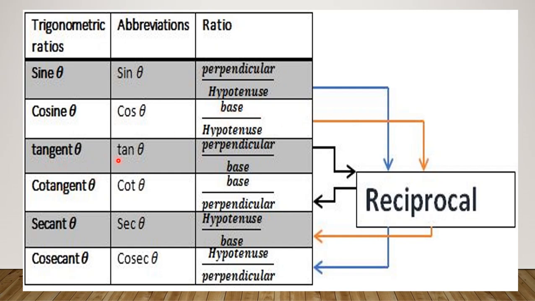Then tangent, that is tan theta, is perpendicular upon base. Cotangent, that is cot, the inverse of tan, is base upon perpendicular. And secant, that is sec theta, the inverse of cosine, is hypotenuse upon base. And cosecant, that is cosec theta, the inverse of sine, is equal to hypotenuse upon perpendicular.